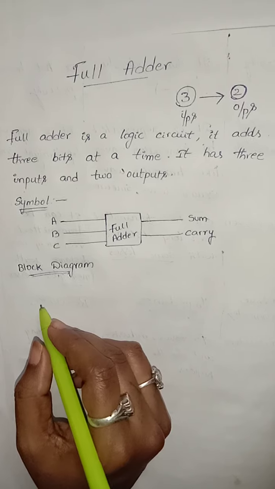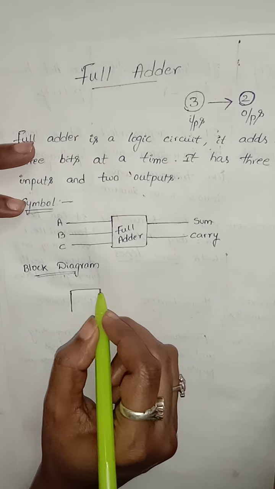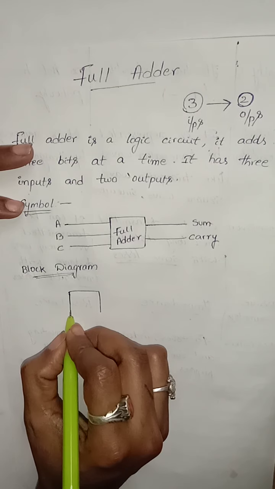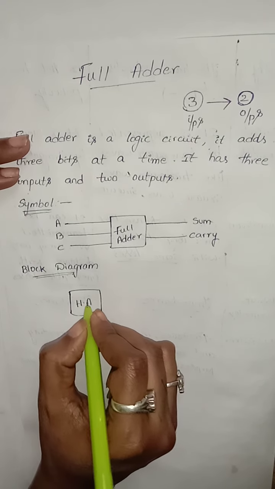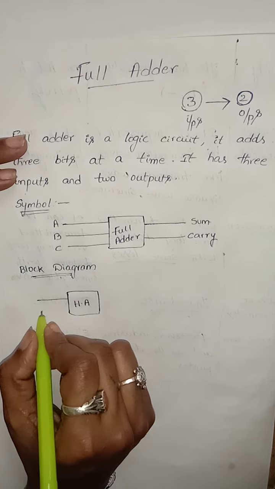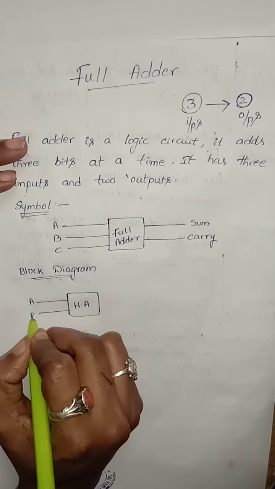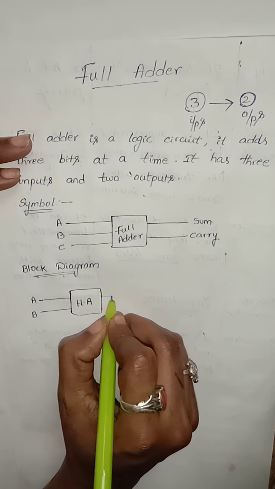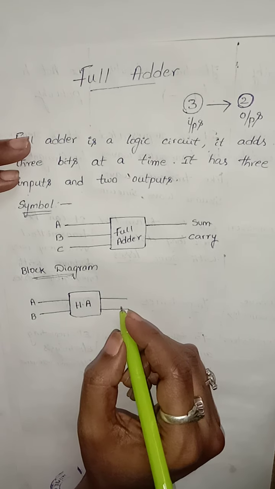In the full adder, we use 2 half adders. Half adder 1. Half adder consists of only 2 inputs, so named as A, B, and half adder gives 2 outputs.